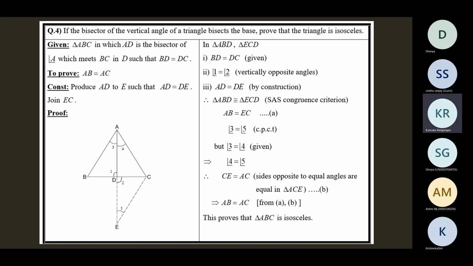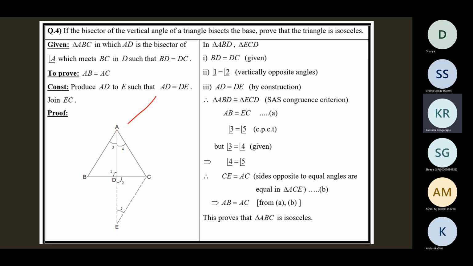You don't have to prove that that construction is possible. Why do we do the construction? Because we don't have sufficient information. We are trying to get some more information. So we make use of some construction so that there is some extra information, and we are able to prove the result.